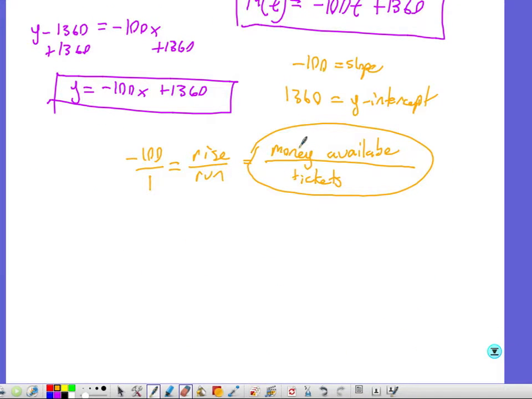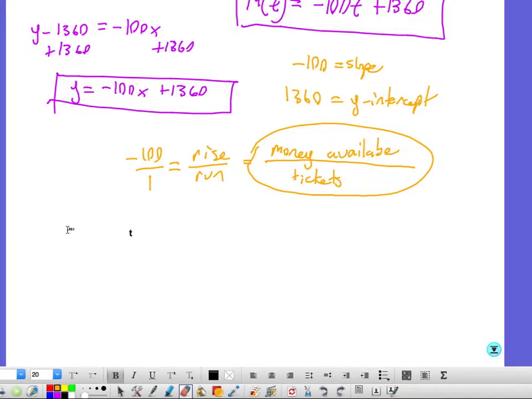So if we read this, the slope, and actually let me type this out. The slope represents the money available per ticket bought.